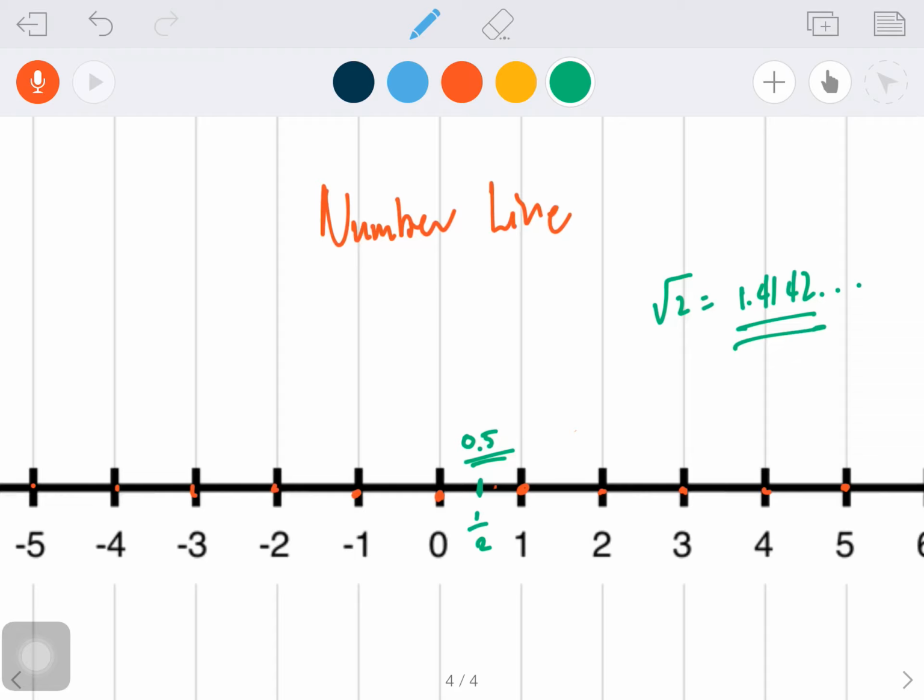If it's 1.41, I can approximate here. If this is halfway, which is 1.5, 1.41 might be somewhere here for square root of 2. So I can say this coordinate here is square root of 2. All right, and so goes for the other numbers in the number line.